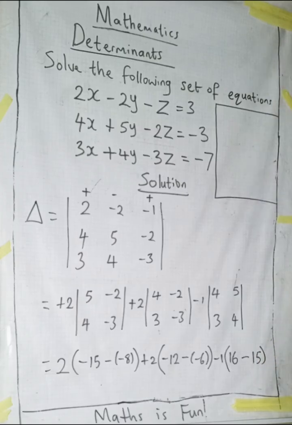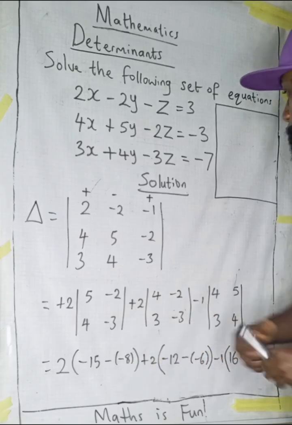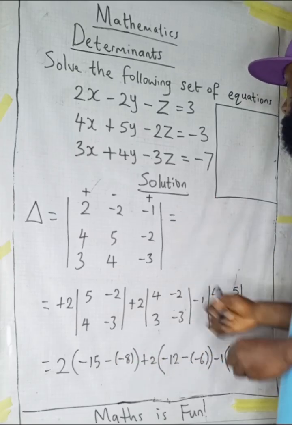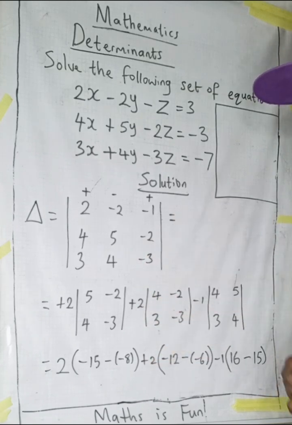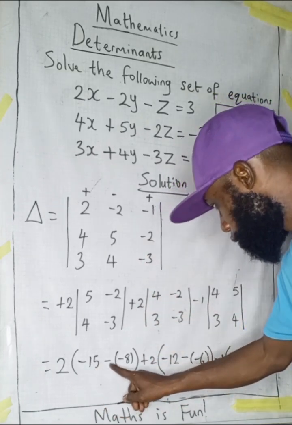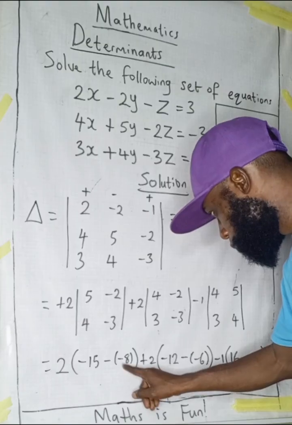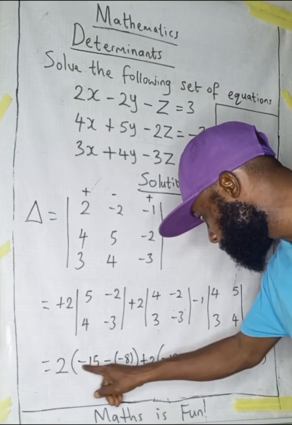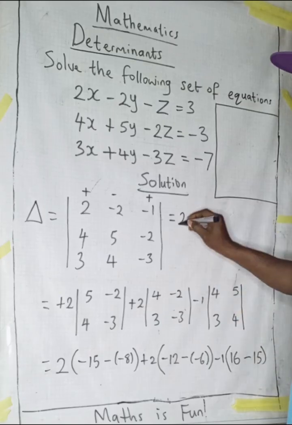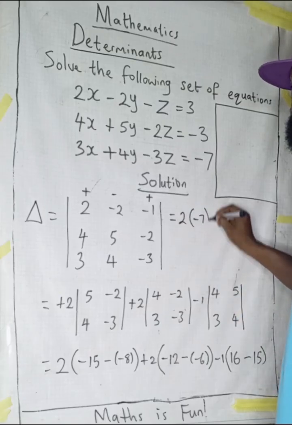So let's check what we are going to have from here. It will be equal to whatever we have here. So minus 15 plus 8, which simply means 8 minus 15, and that will be minus 7.